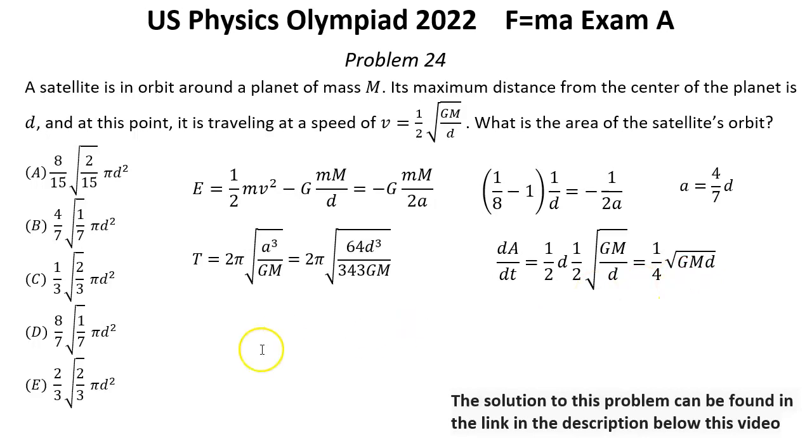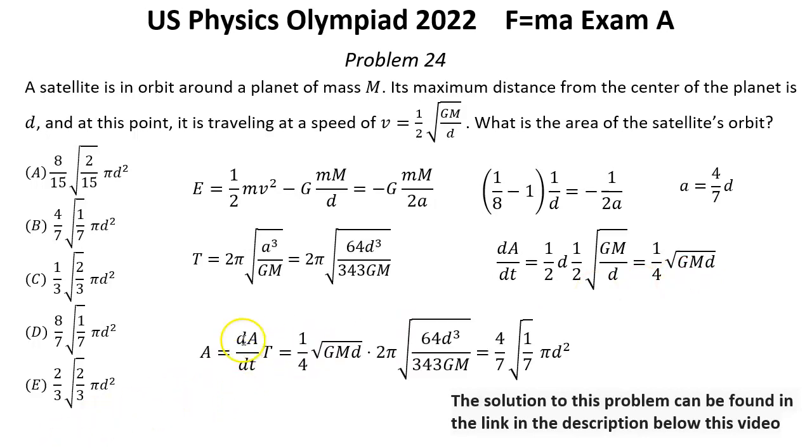And now we can count the total area. That will be this constant rate, delta A over delta T, multiplied by the period. And after calculations we will get this expression, which is answer B. That was the solution for problem number 24.